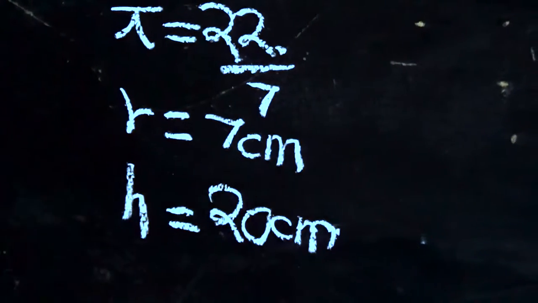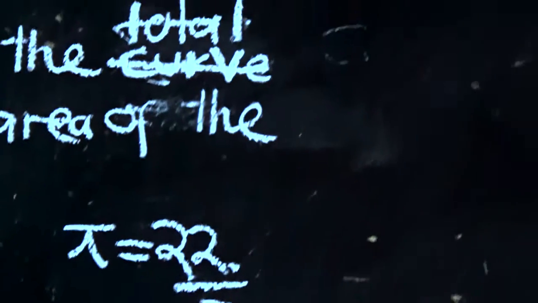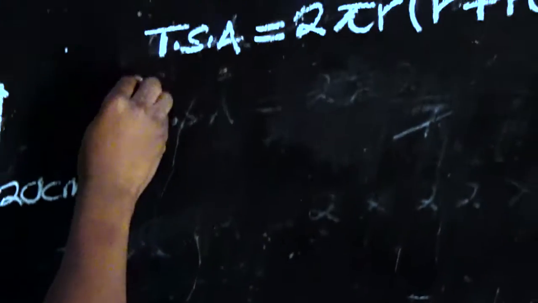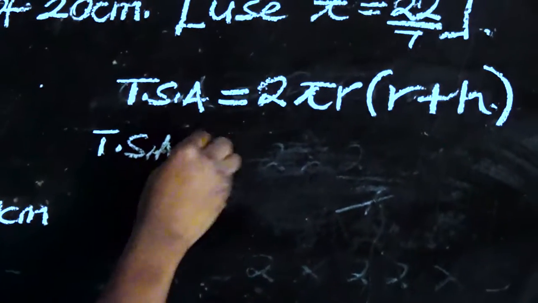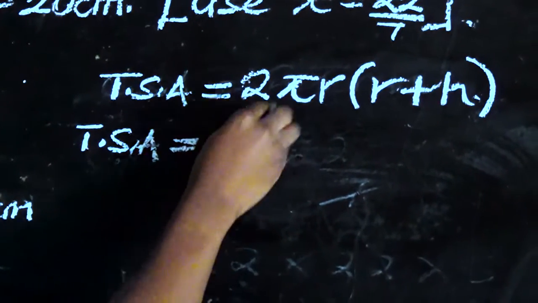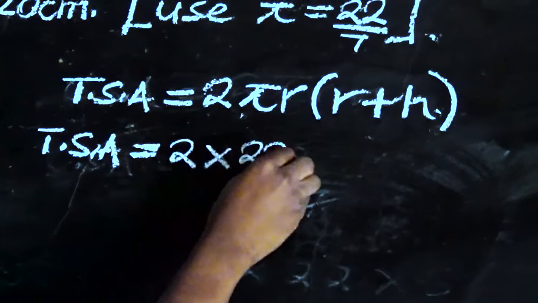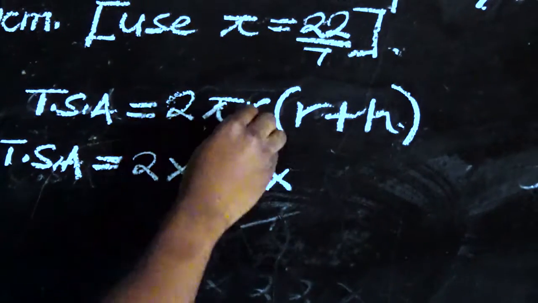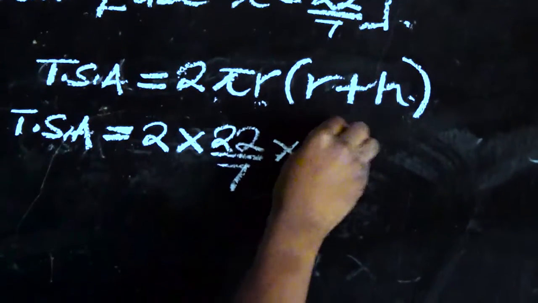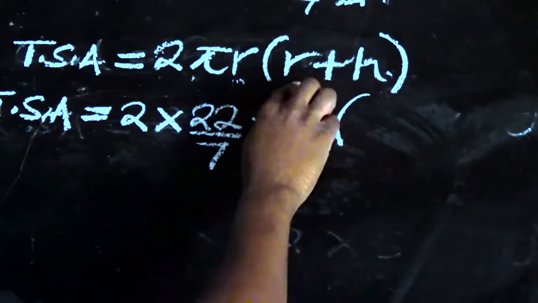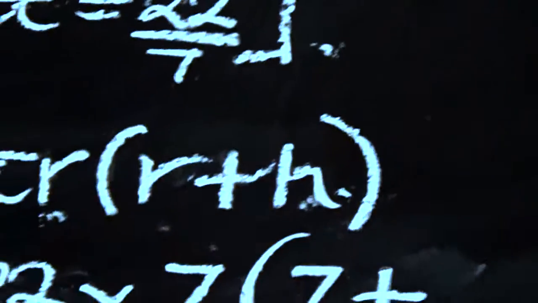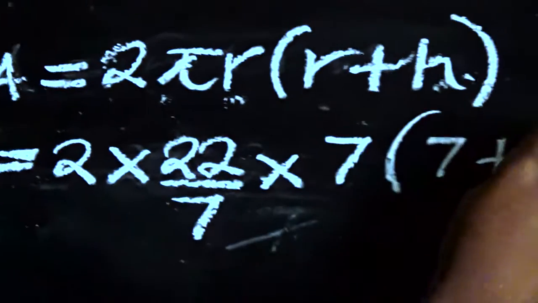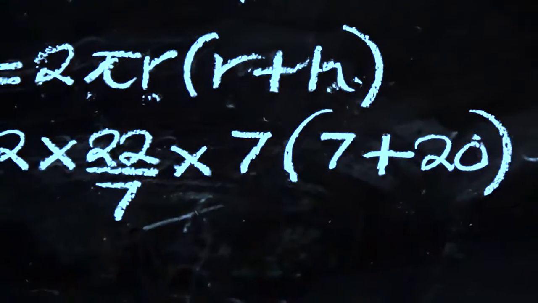Okay? Yes. So we are going to now substitute in this formula and say total surface area is equal to 2 multiplied by the pi, which is the 22 over 7, multiplied by the radius, which is what? 7, open brackets. Our radius is 7 again, plus our height is what, people? 20. So just put 20. Okay, are we together?